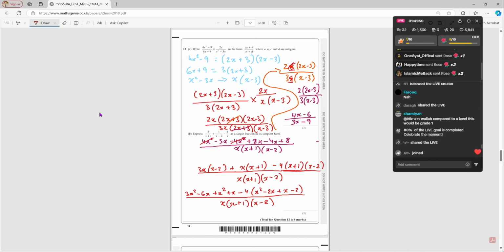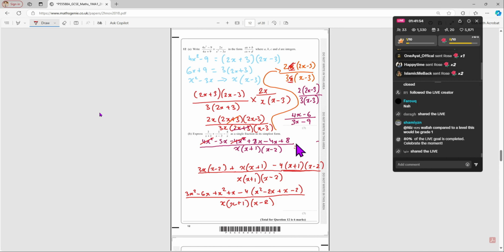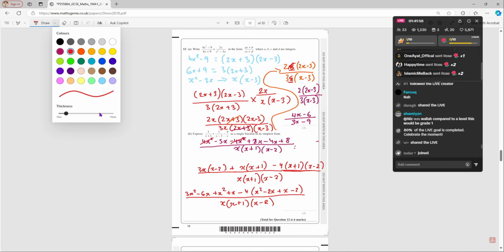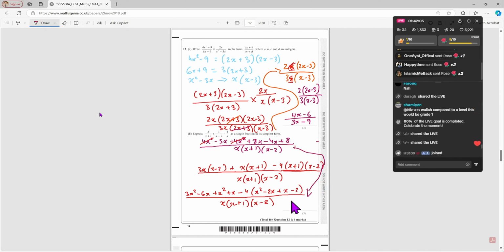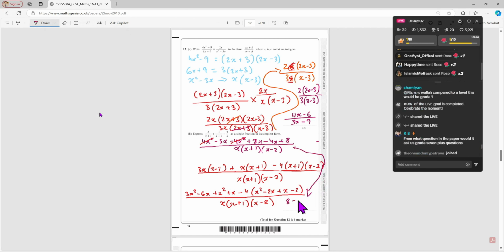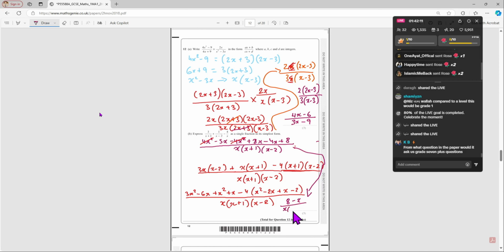Minus 4 is going to give us negative x, and then 8. That's going to give us 8 minus x. So when you simplify this, your final answer, right over here, is going to be 8 minus x over our brackets.